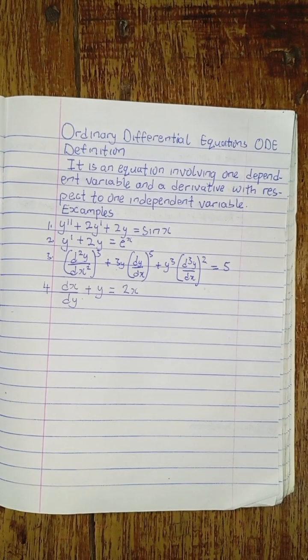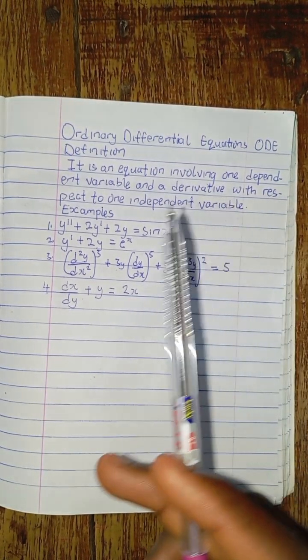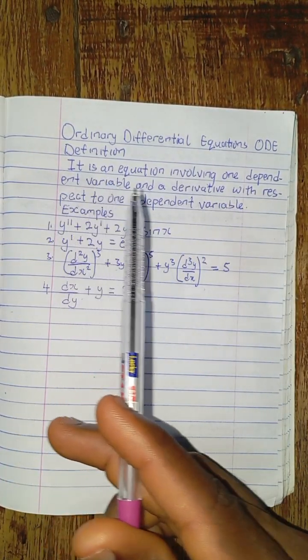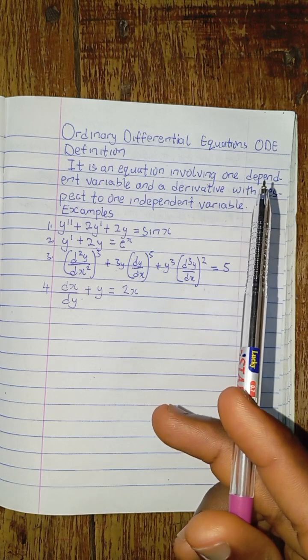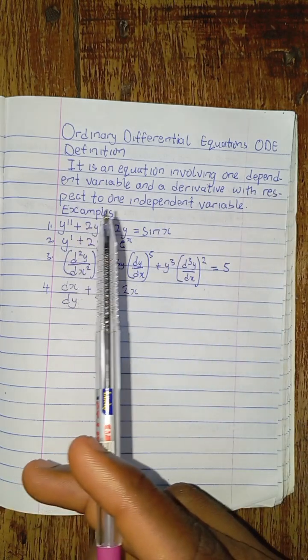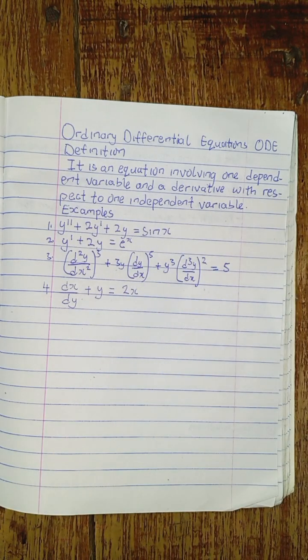That is why in the definition, let me take it again: it is an equation involving one dependent variable and a derivative with respect to one independent variable. With this definition, you can use it to identify if an equation is an ordinary differential equation.